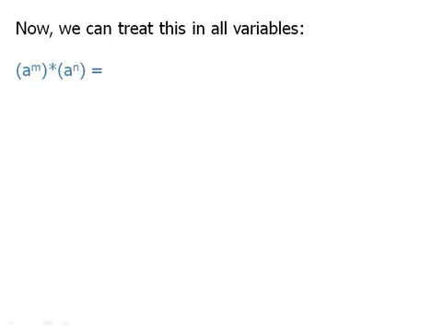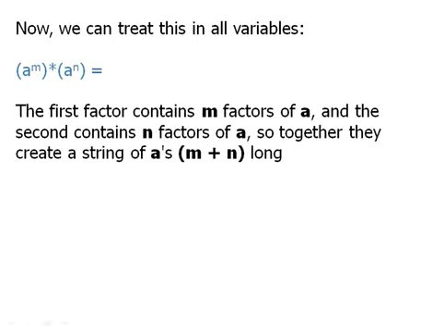Now we can treat this entirely in variables. If I have a to the m times a to the n, think about this again. The first contains m factors of a, so I have a times a times a, m times. The second one contains n factors of a, so I have a times a times a, n times.